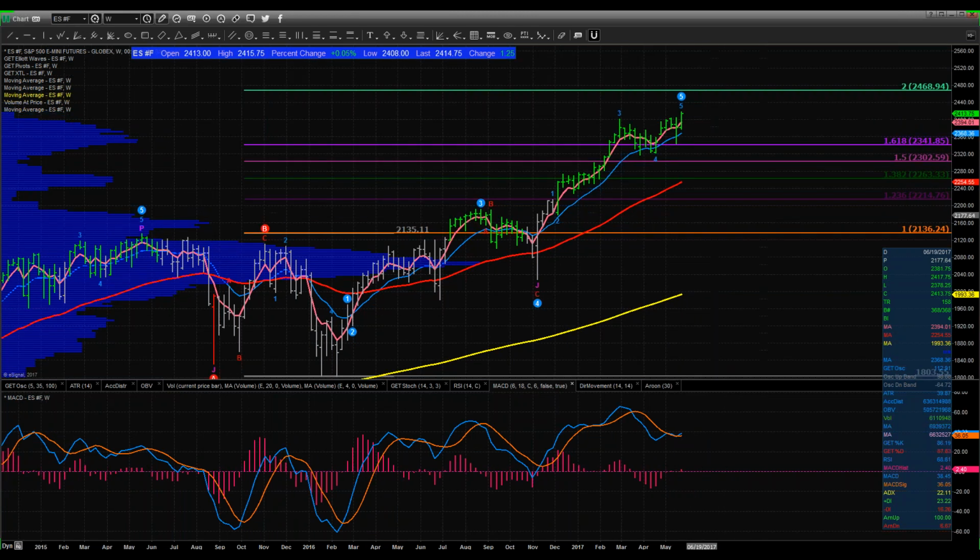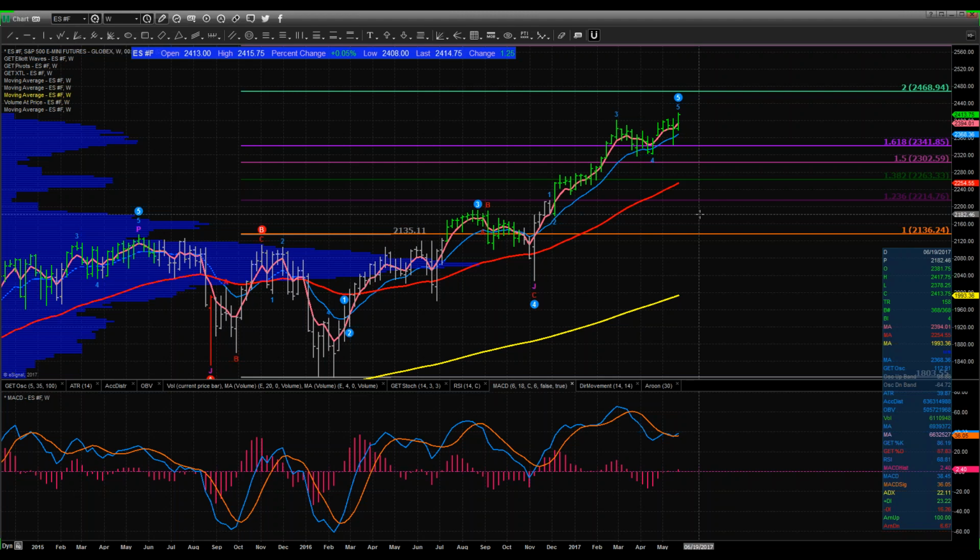Now we're up this year so far about 7.89%, and almost 4.7% of that 7.9 is attributable just to those 5 stocks: Apple, Facebook, Amazon, Microsoft, and Google.